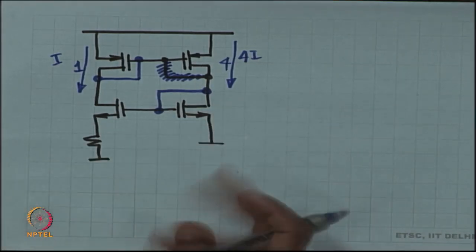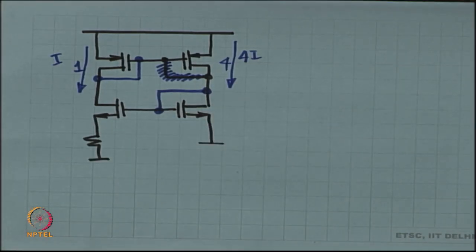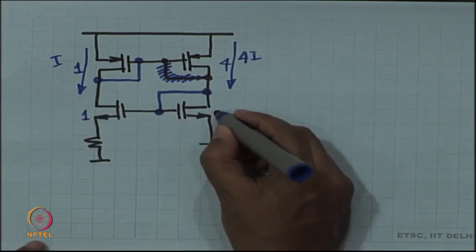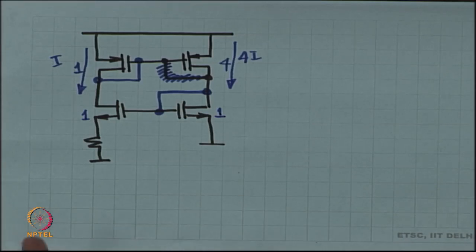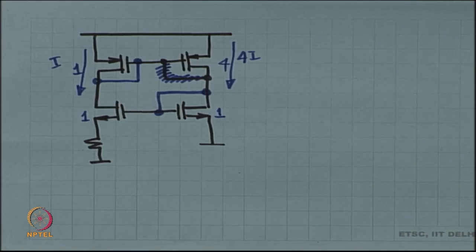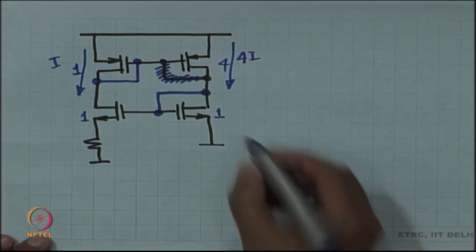Now, the NMOSs are of ratio 1:1. Let us say when I goes through an NMOS, it creates a voltage VGS of VGST plus VT. When 4I goes through, it is going to create 2 VGST plus the same VT, because I is proportional to VGST squared.